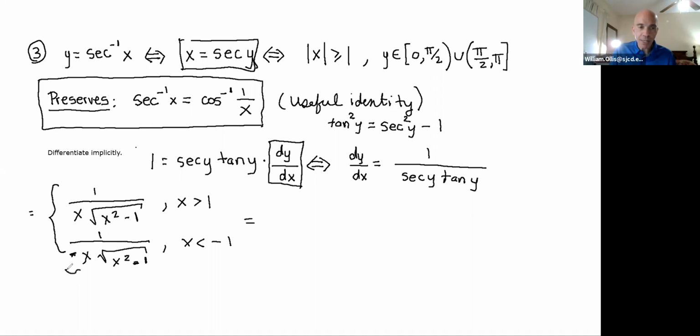So this part right here is greater than 0. So what we can see now is, even though this was a little bit difficult to deal with, when it comes to working with the inverse secant, we can now say this is just 1 divided by the absolute value of x times the square root of x squared minus 1.